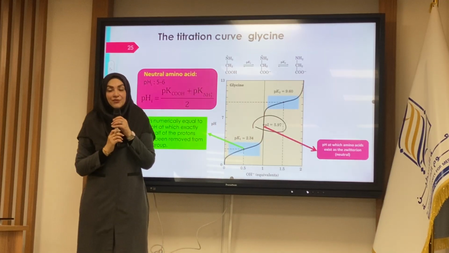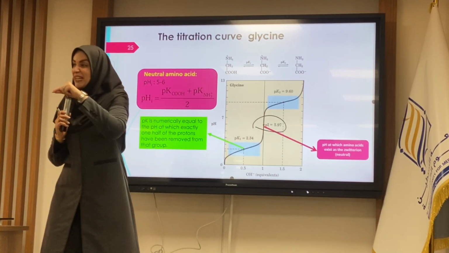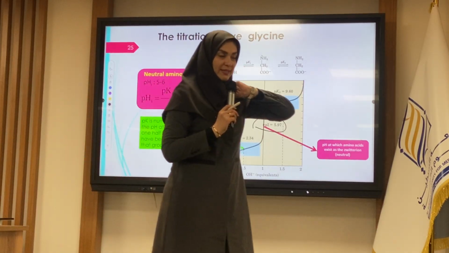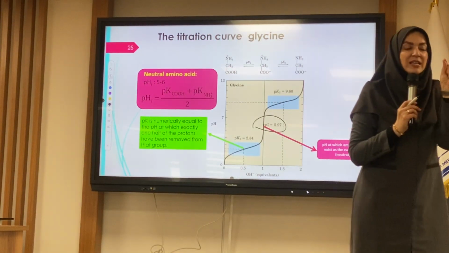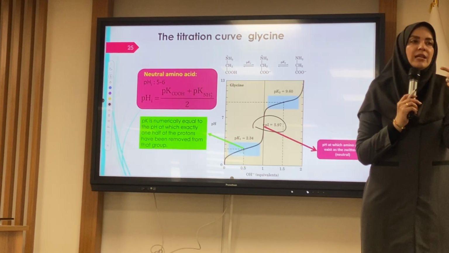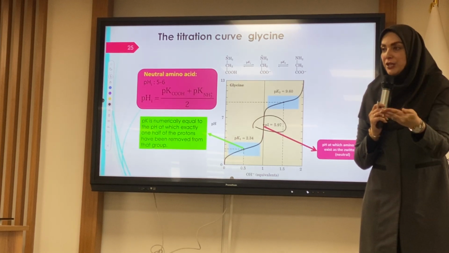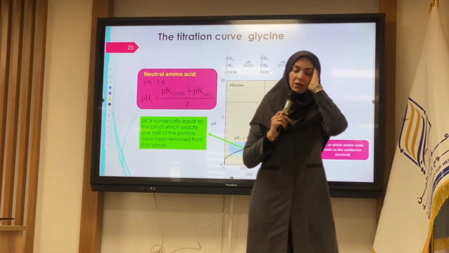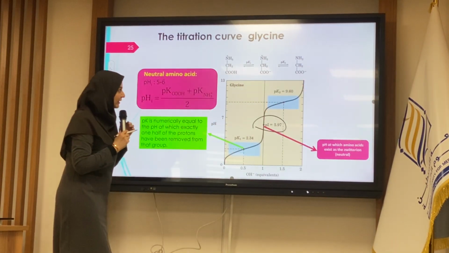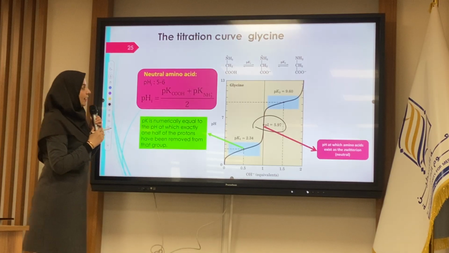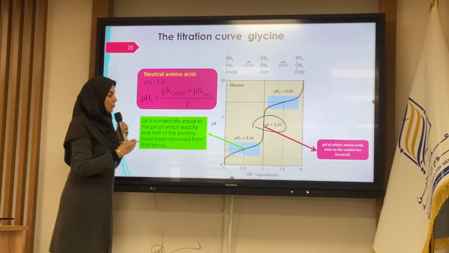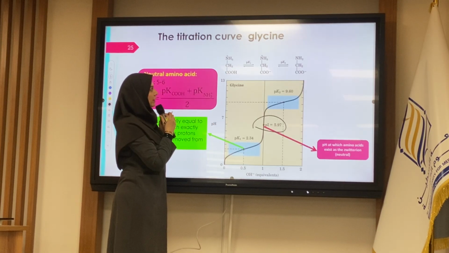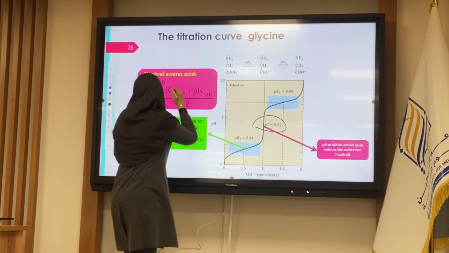At first, I want to recall your attention for the calculation of the isoelectric pH. You should know that for each amino acid, for all 20 amino acids, you have a specific PI or isoelectric pH. In your final exam, maybe I ask you to calculate the isoelectric pH. How can we calculate? For example, this is the titration curve of glycine.